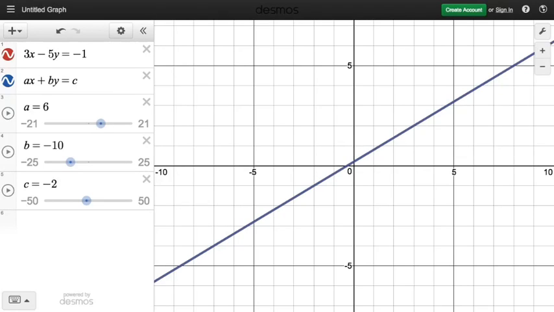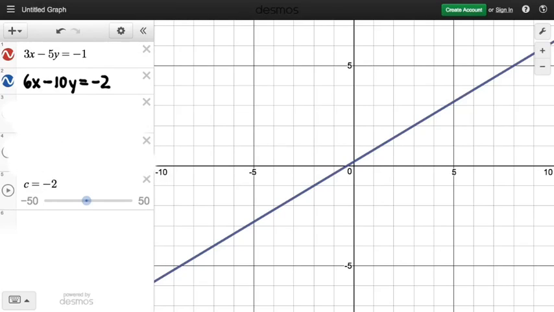In how many places does my red line intersect my blue line now? Infinitely many places. Yeah, exactly. So in this example, we have a pair of equations that have infinitely many points of intersection. My second equation is now 6x minus 10y equals negative 2. Let's recreate the algebra we would see if we approached this system with elimination, not knowing what its graph looked like.